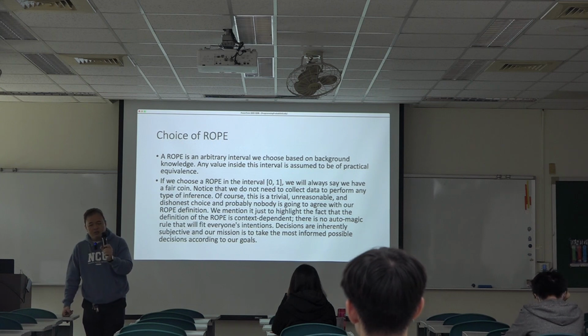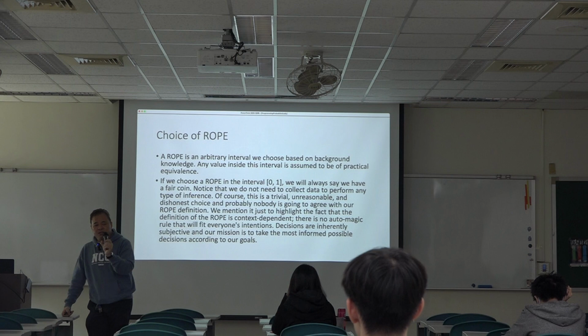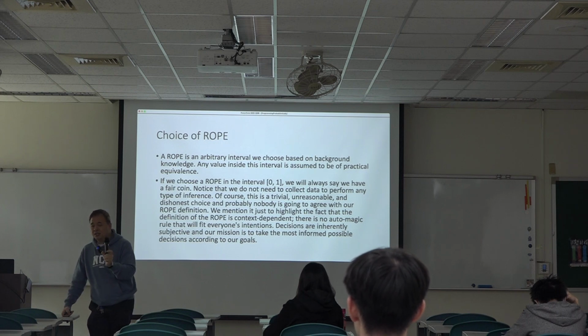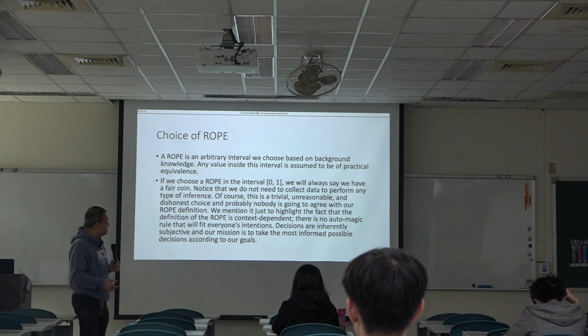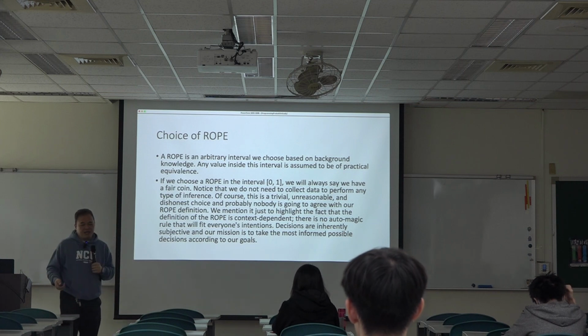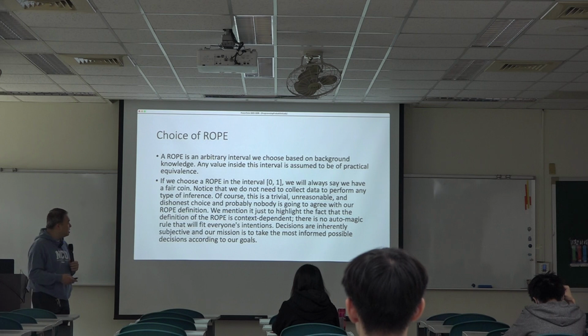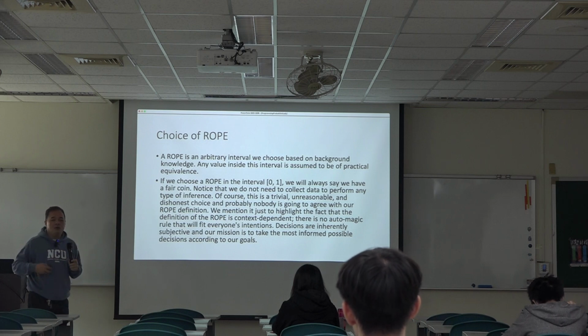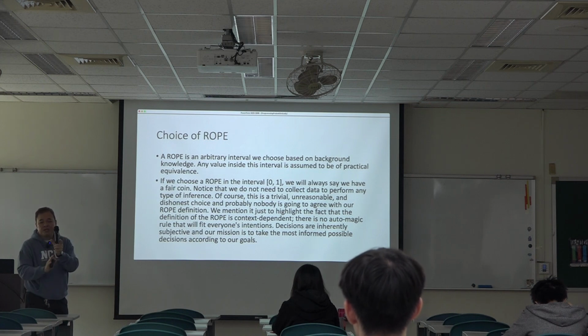And you see, it's a symmetric one, right? The setting should be symmetric, which reflects the symmetric nature of the question that the coin is fair. Even though we didn't say it, you can clearly see that a more reasonable ROPE is a symmetric one, centered at 0.5, okay?